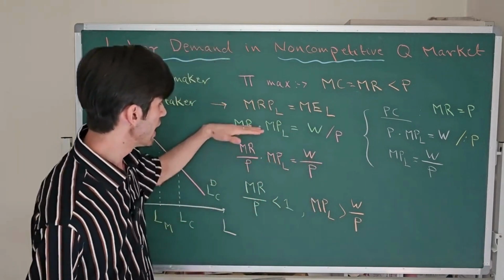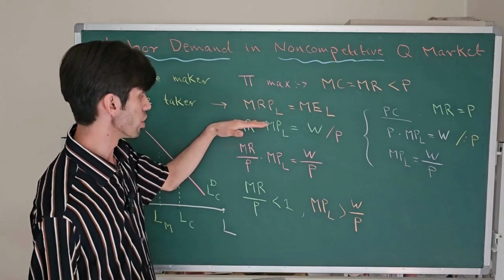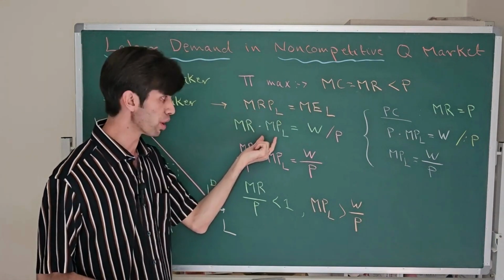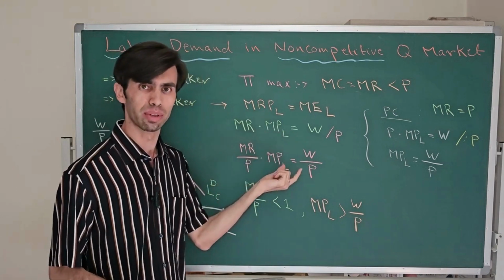From the previous videos, we know that the marginal revenue product of labor is equal to marginal revenue multiplied by the marginal product of labor.